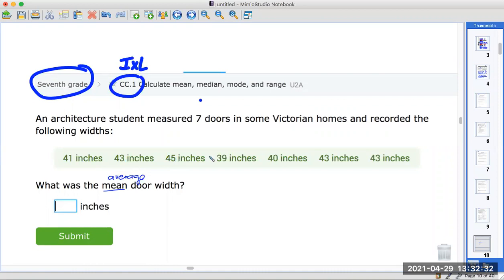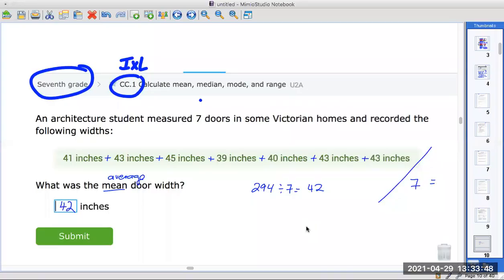So you have to add all the numbers and divide by how many there are. An architecture student measured 7 doors in some Victorian homes and recorded the following width. So you have to add these, use your calculators, and then the sum you divide by 7. So I'm going to pause the video. You can try it and I will try it.